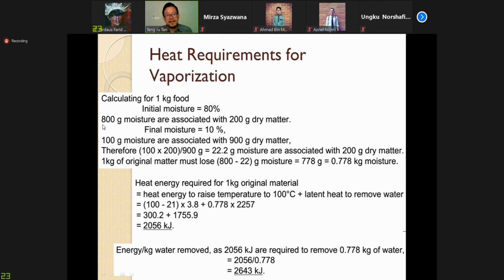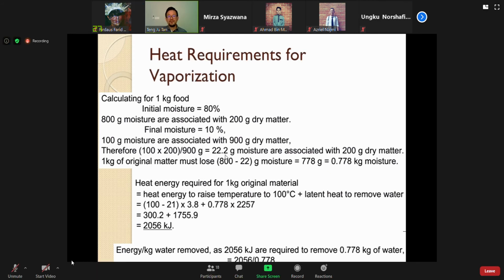And 800 minus 778, you got 22.2 grams of moisture. This is the moisture that you have to remove in order to have only 22.2 grams of moisture left after drying.